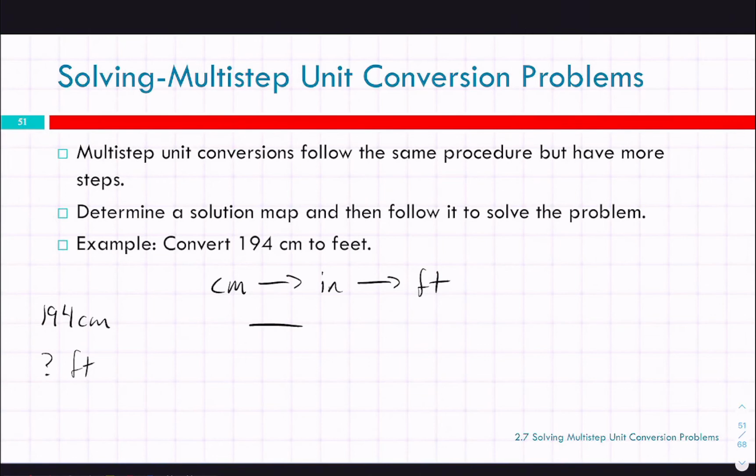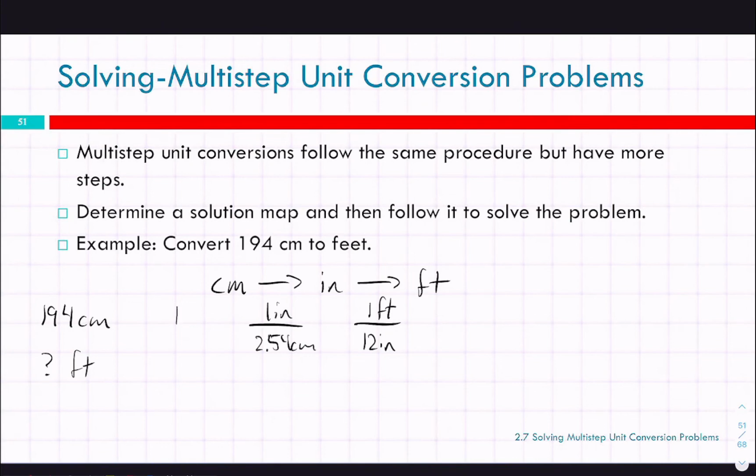So centimeters to inches is going to be 2.54 centimeters, 1 inch. At this step in the conversion we're going to have units of inches, so we want to cancel out those units of inches. So this will be 12 inches is 1 foot.